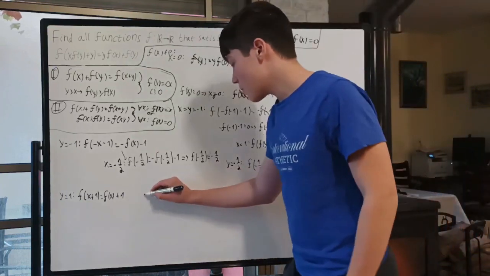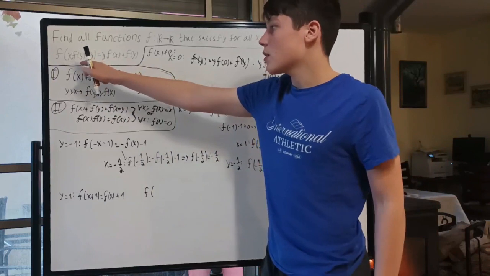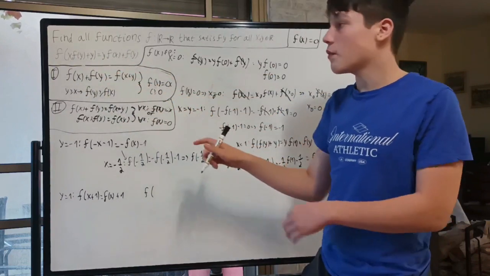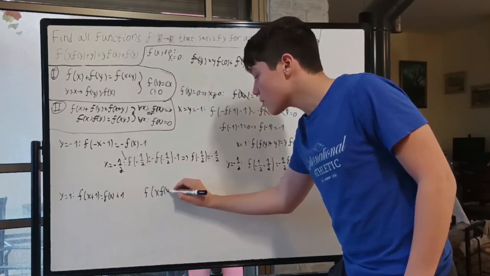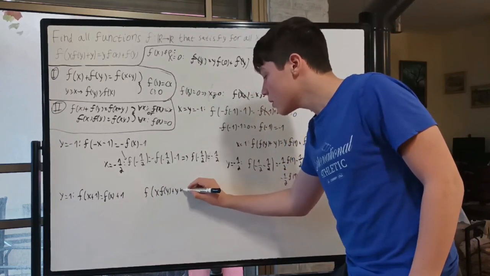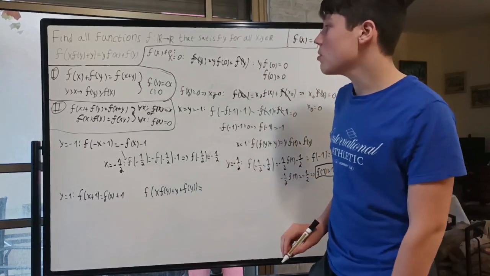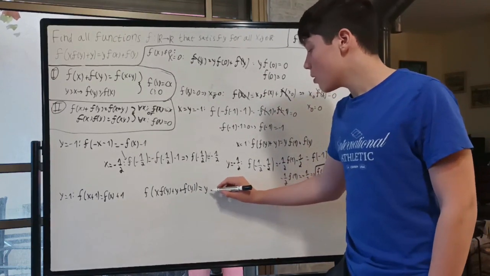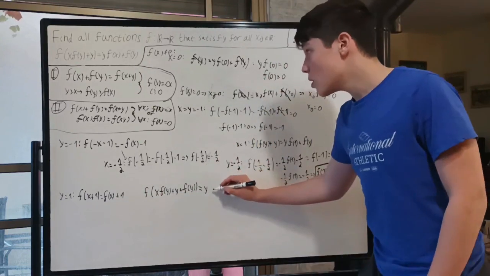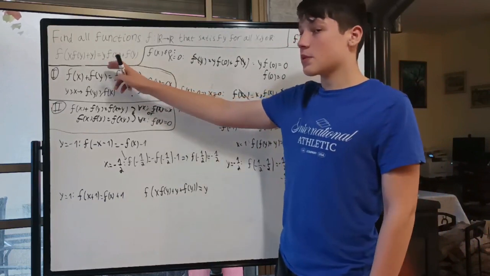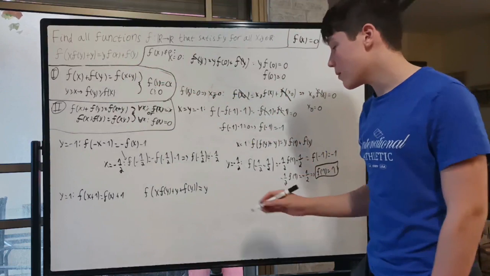So we have f of, replace x with x plus 1. So this stays the same, but we have an extra f of y inside here. So that's f of x f of y plus 1 plus that extra f of y is equal to, now f of x plus 1 is f of x plus 1, which means that after replacing x with x plus 1, this thing here is going to get me an extra y at the end.